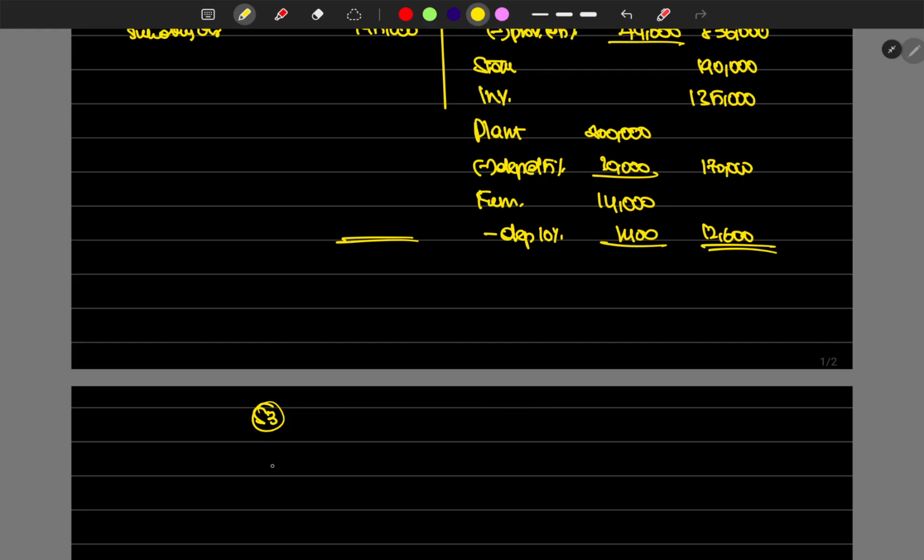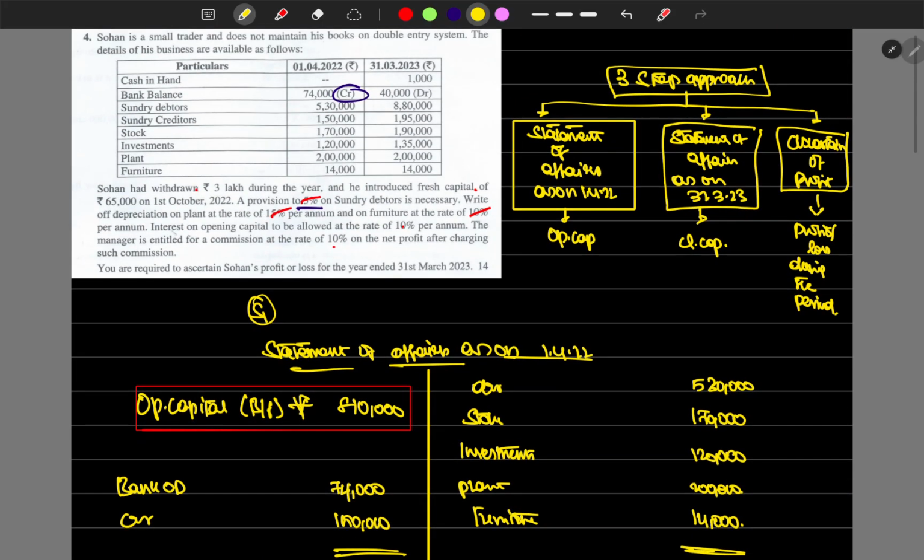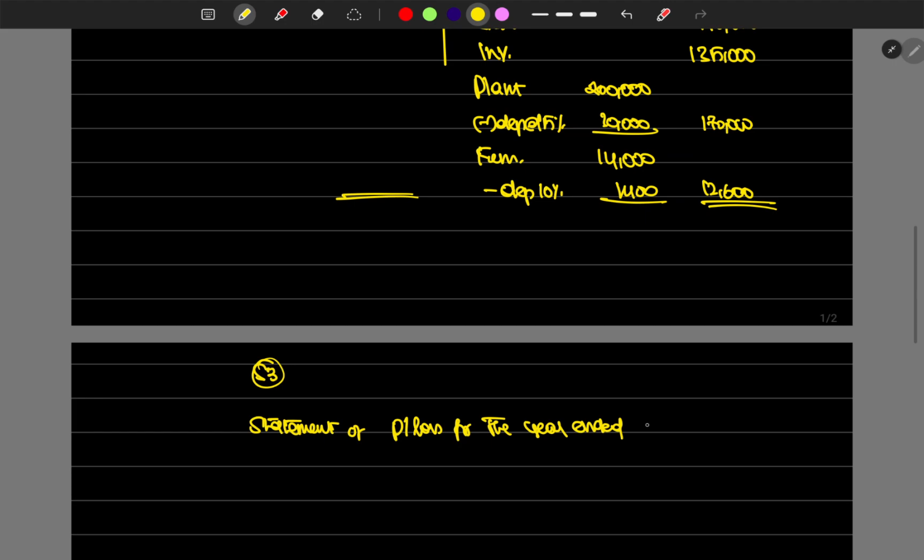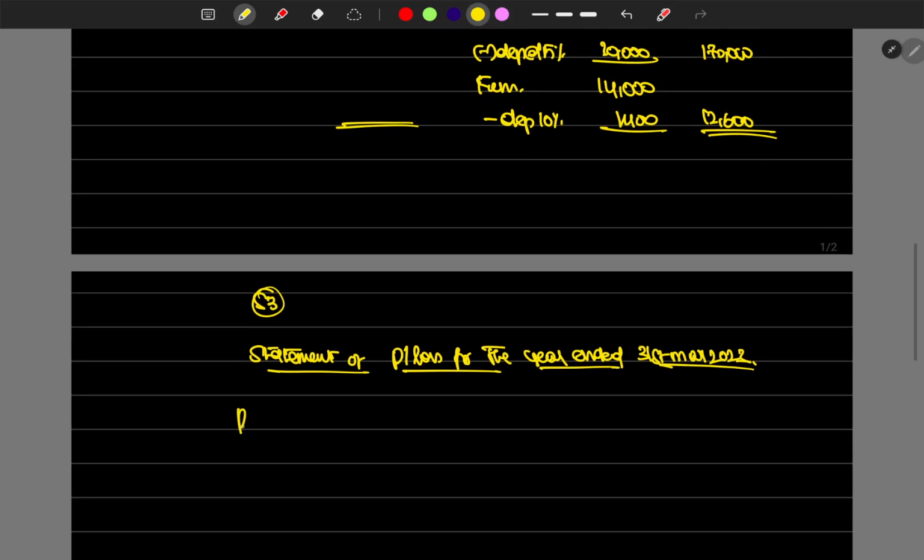Okay, you can put it as statement of profit or loss for the year ended 31st March 2023. Right? Yes. Particulars, rupees.